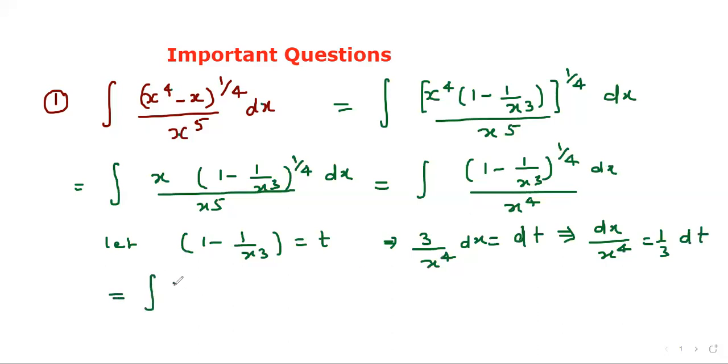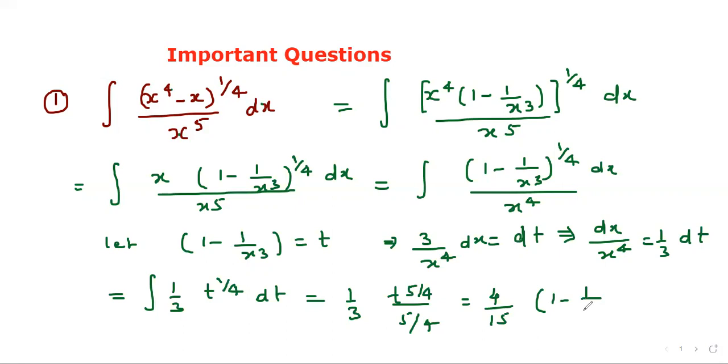So 1/3 t^(1/4) dt equal to 1/3 times t^(5/4) divided by 5/4. It would be 4/15, and t is 1 − 1/x^3, so (1 − 1/x^3)^(5/4) plus c, which is our answer.